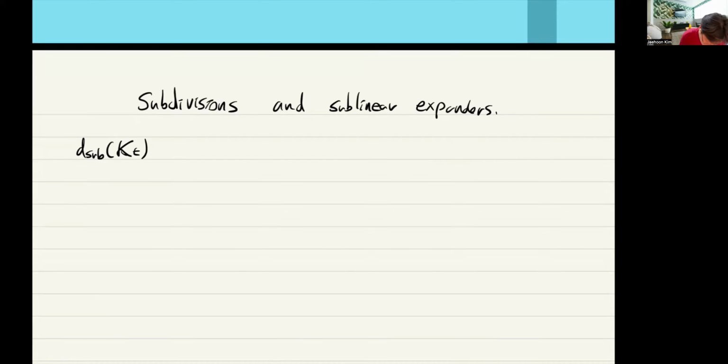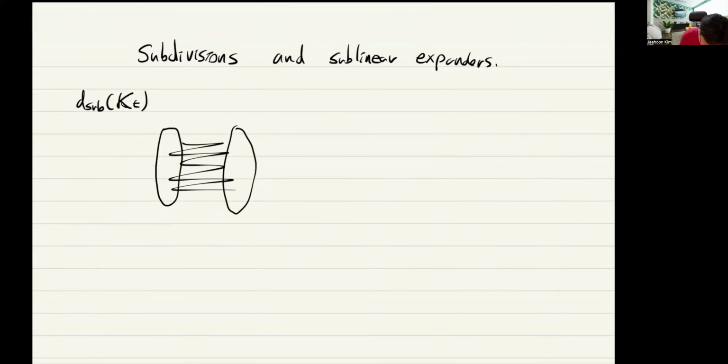For a lower bound, you can first consider, say, the complete bipartite graph on T squared over 10, T squared over 10. Then what happens? If you have a copy of a subdivision of KT here, then how does it look?